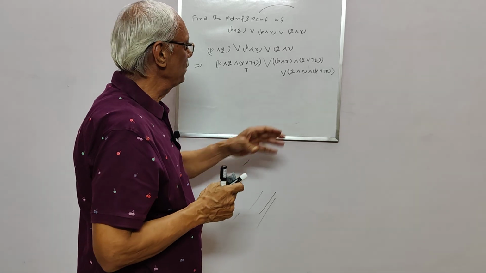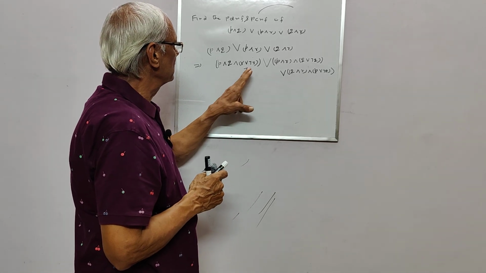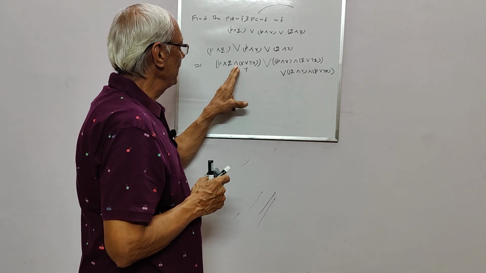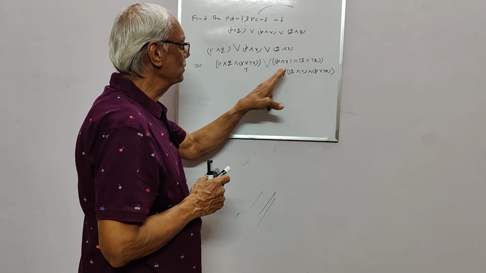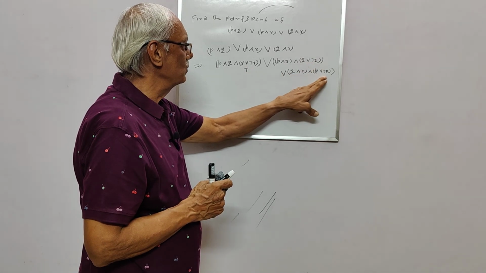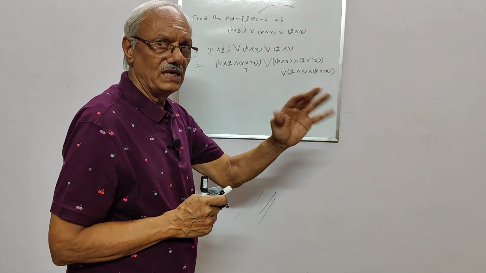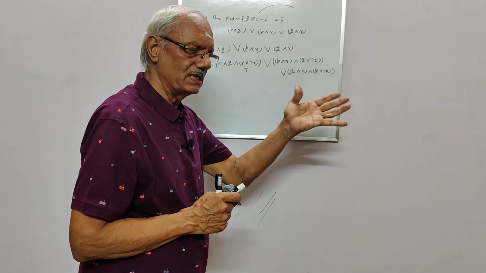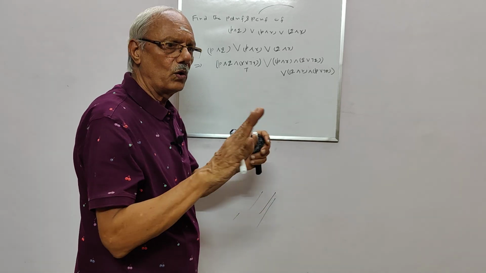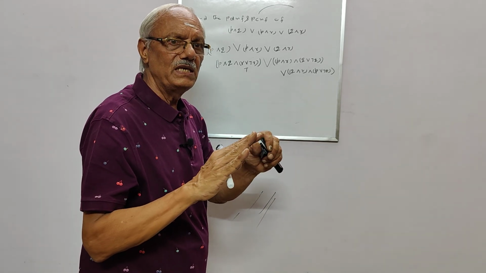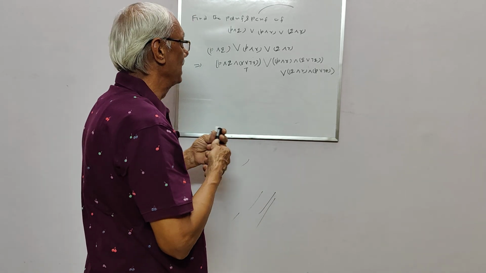Now you see that what is that you find here? P, something missing here. So take conjunction with this. T, this is also T, this is also T, this is also T. T intersection of anything is itself. So I have not altered the meaning of the compound propositions.